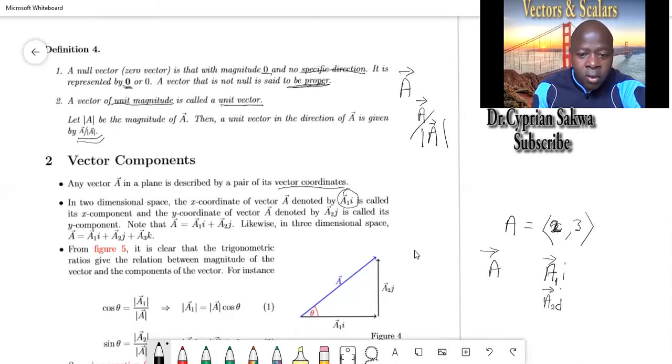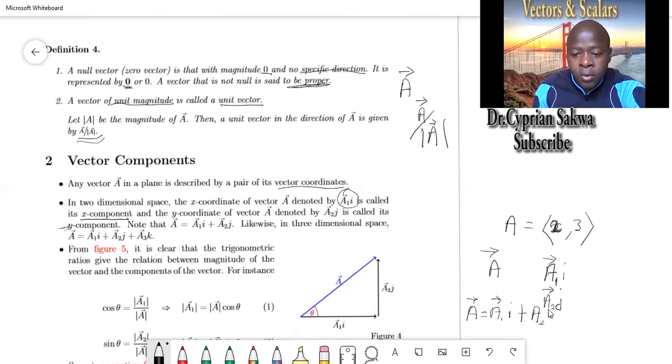Now this x-coordinate of A, we call the x-component. And the y-coordinate of vector A, we shall call the y-component. So that vector A shall be the sum of the x component and the y component.